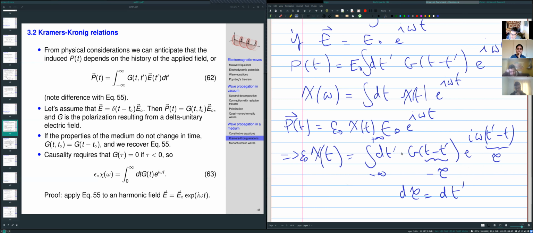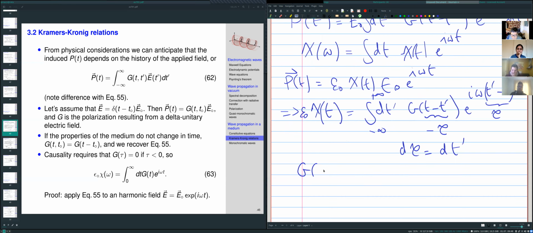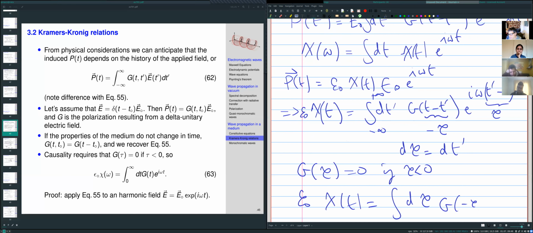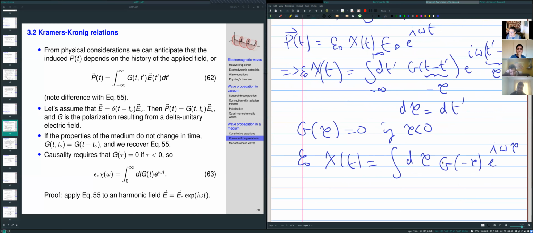Okay, and this argument is 0 when, we said that causality requires that g(t) is 0 if tau is negative. So we have finally that chi(omega) is the integral of d tau of g of minus tau e^(i omega tau).